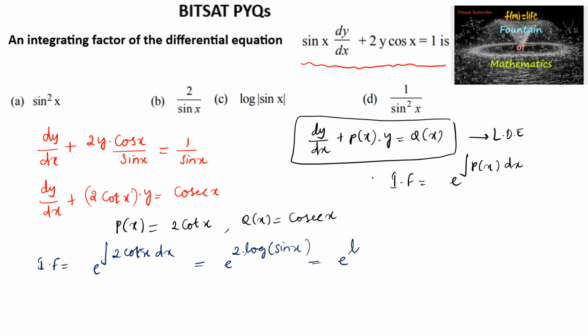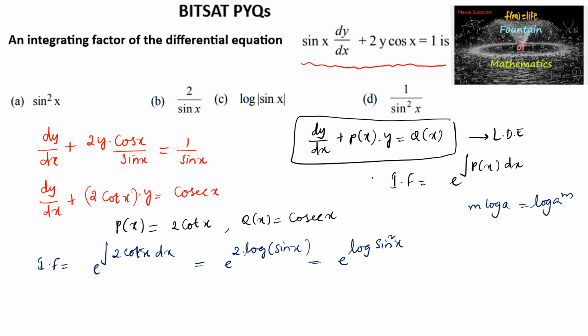Which is equal to e to the power log sin square x, because we know the property m log a = log a to the power m.